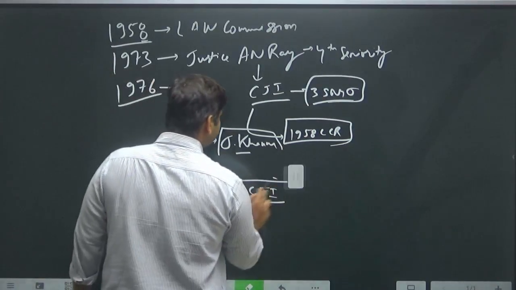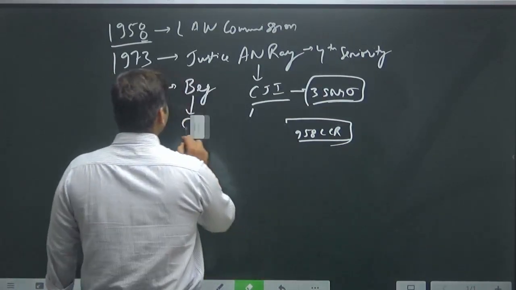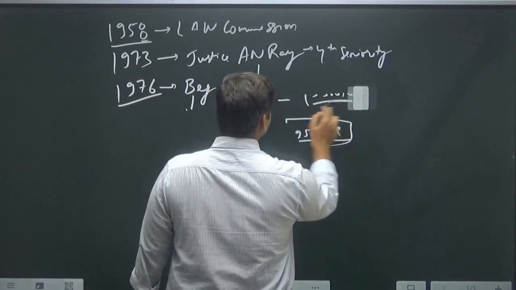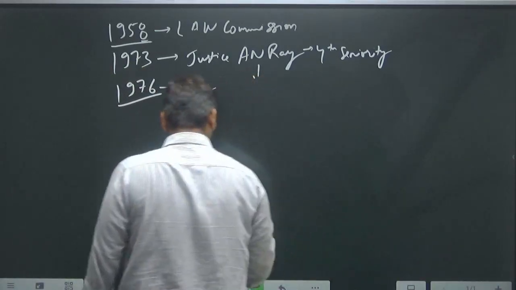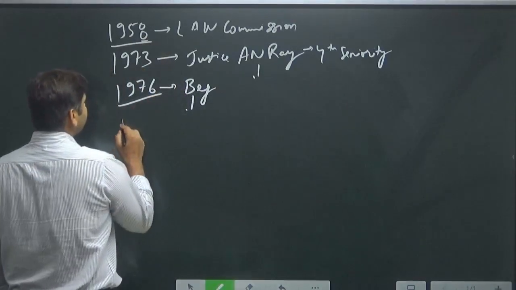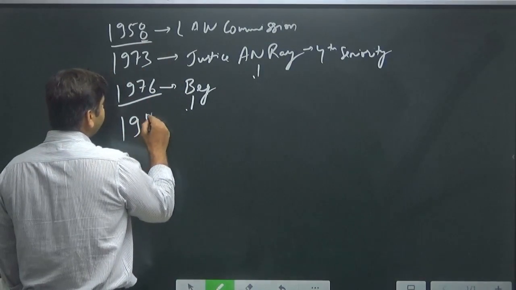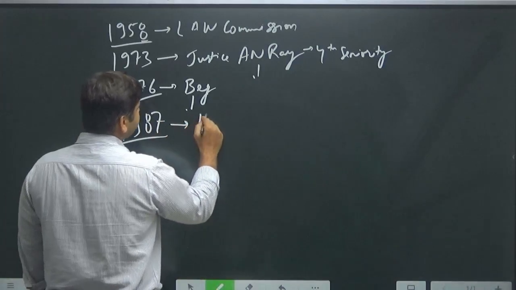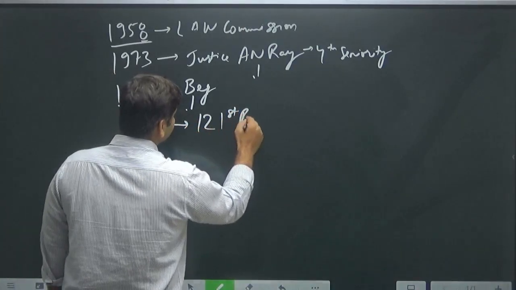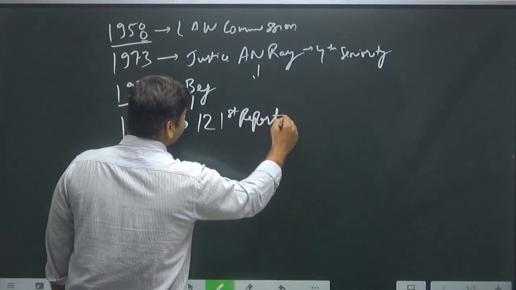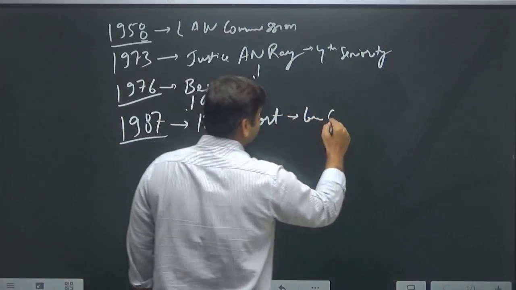Then in 1987 another report came, the 121st report of the Law Commission.